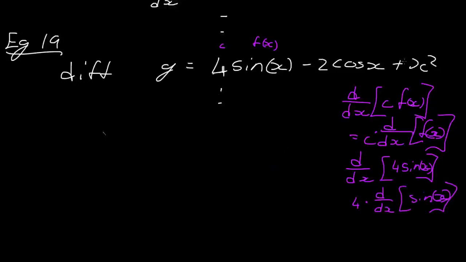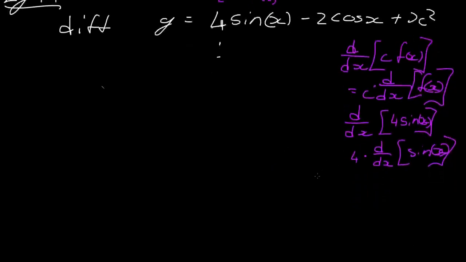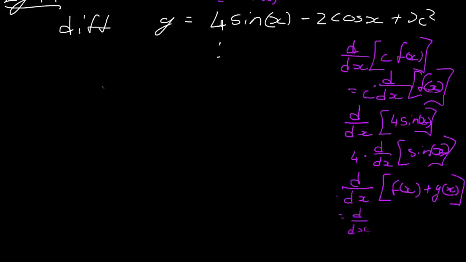And remember, we're also going to be using what I'm going to call the sum property, which is d by dx of f of x plus g of x equals d by dx of f of x plus d by dx of g of x. So what that says is we can differentiate each term individually and then just add up the results.